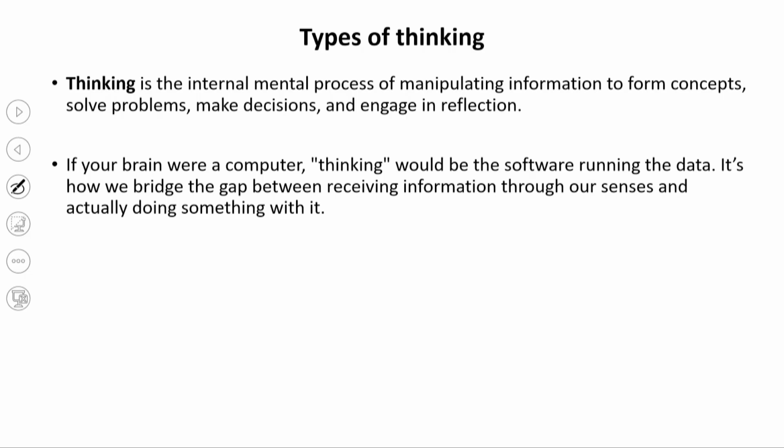When we think, our thinking process can have a particular direction, a particular process that may lead to certain types of thinking that we are involved in. When we say thinking, typically it is an internal mental process of manipulating information to form concepts, solve problems, make decisions, and engage in reflection. The information we manipulate could be images or concepts.